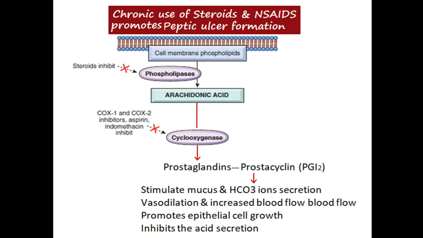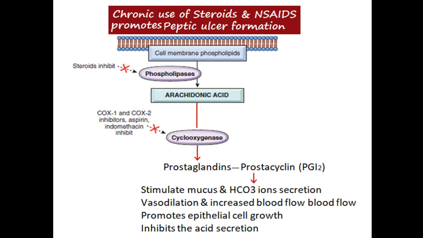Now, of the prostaglandins formed as a result of the action of cyclooxygenase on arachidonic acid, one very important prostaglandin is prostacyclin, PGI2. And this prostacyclin is very important because it offers some protective mechanisms to the gastric mucosa.